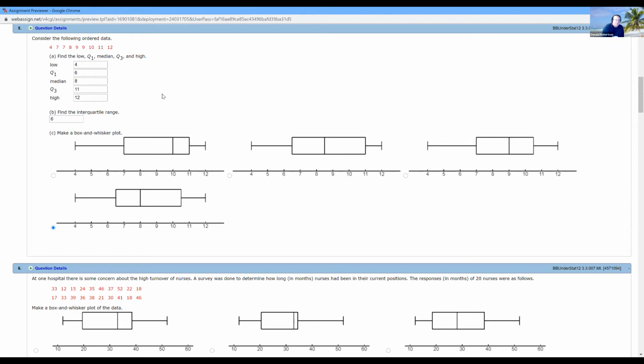Now, pretend that data, the 5-figure summary, is correct. Is my interquartile range correct? Is the interquartile range based on the numbers that are here? Is it in fact 6, or did I make a mistake?